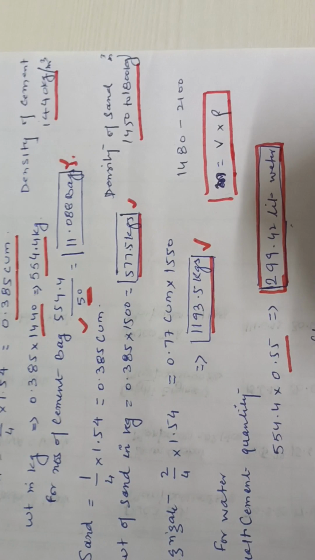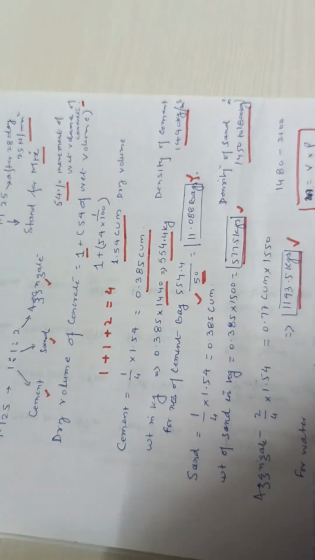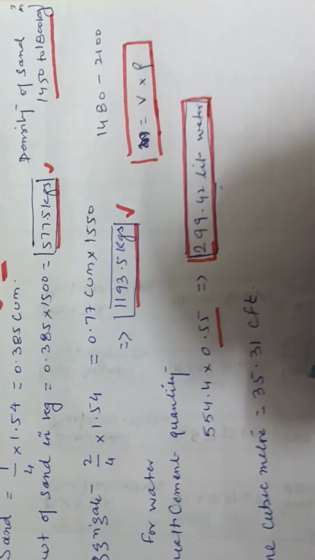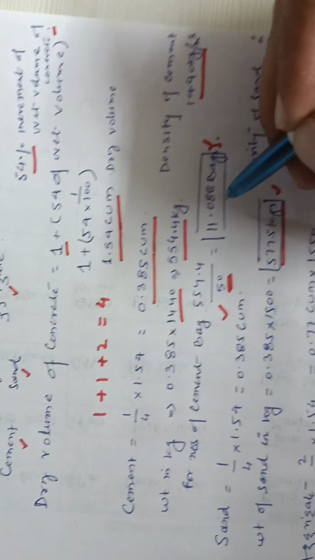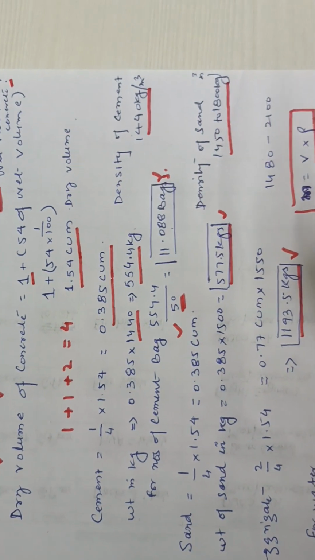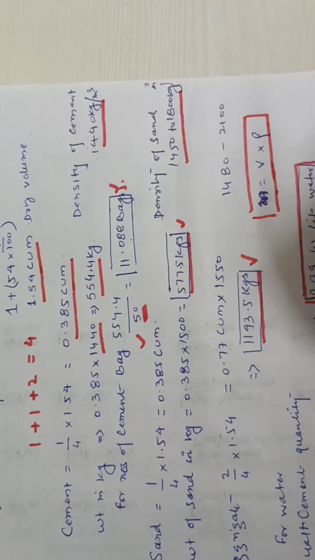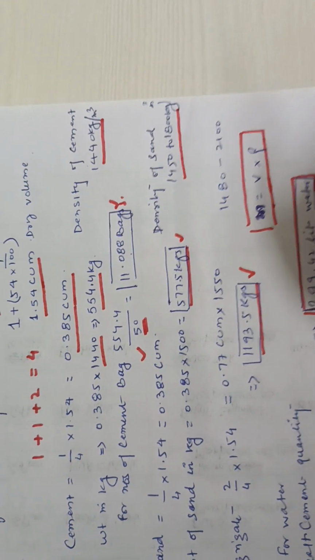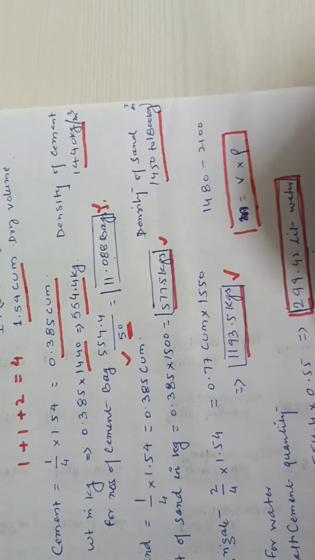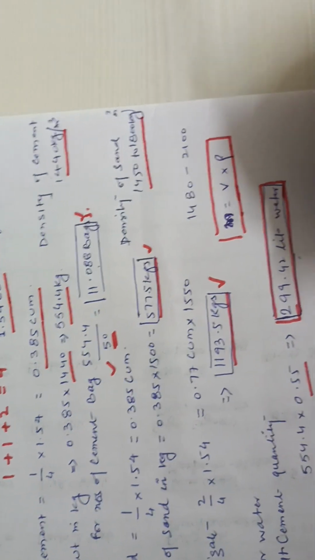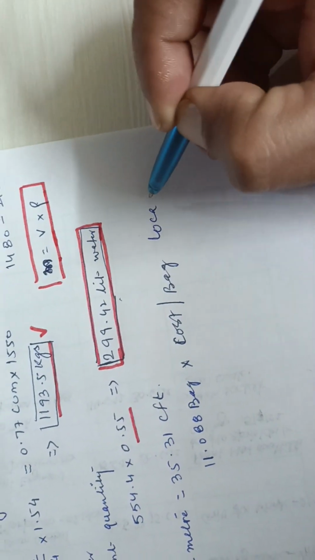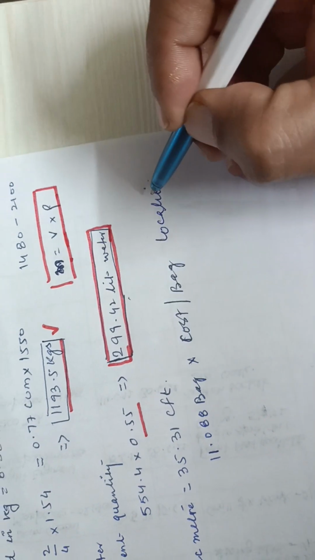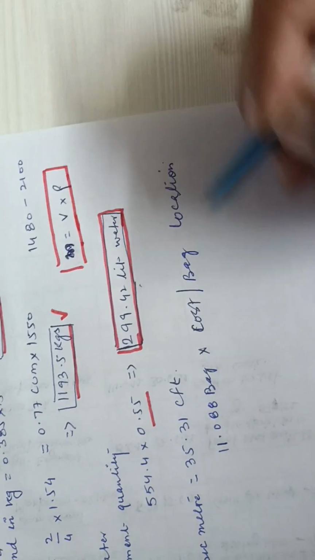Now, as we know, cement costs differ by location. So the cement bags you have got, 11.088 bags, multiplied by the cost per bag. This is location wise; you choose the location where you are living and calculate accordingly.